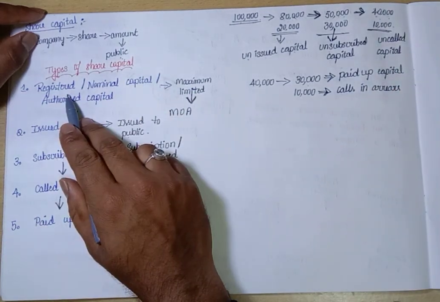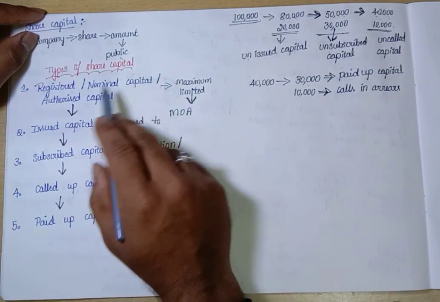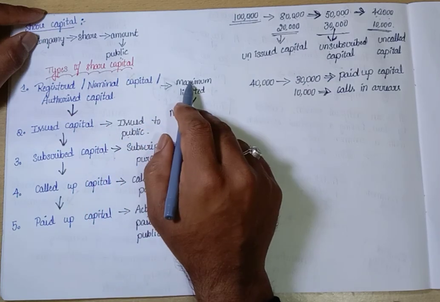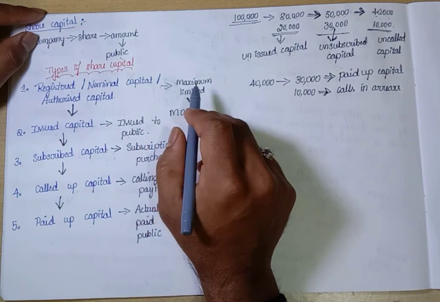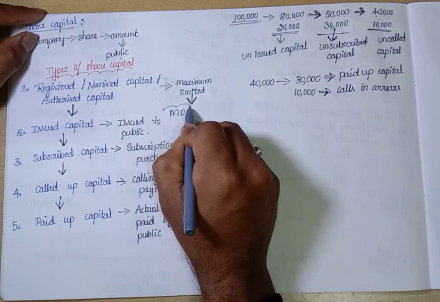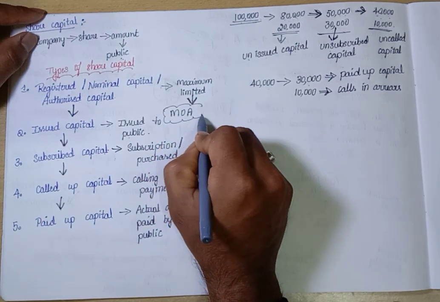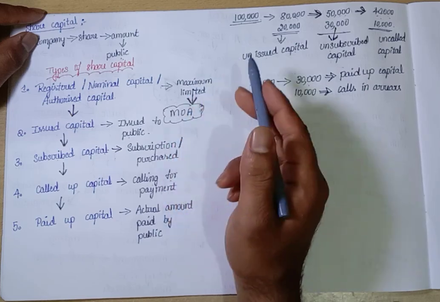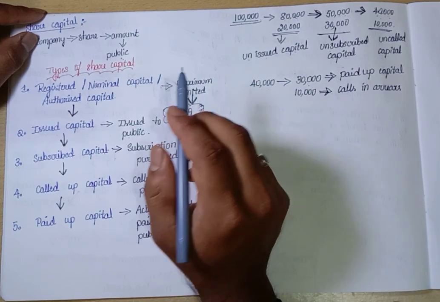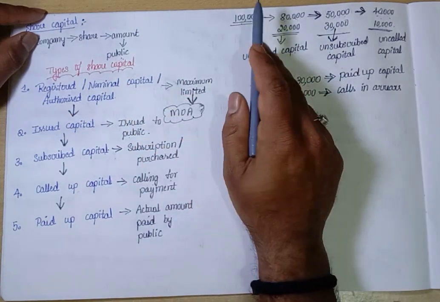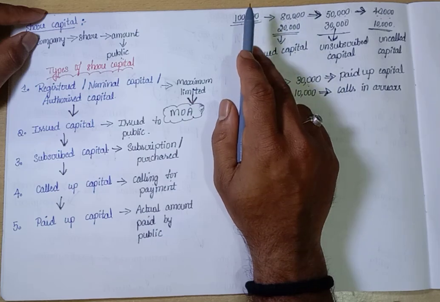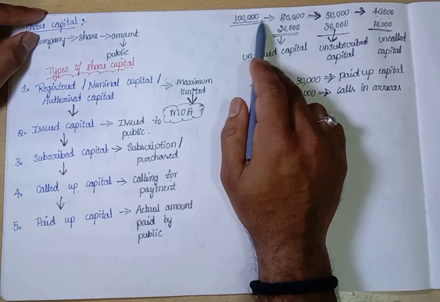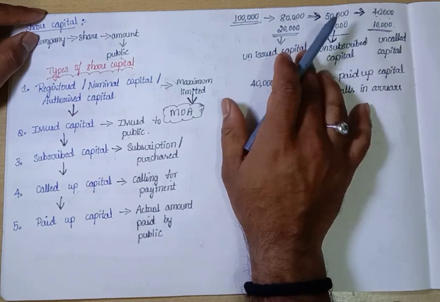So, registered or nominal capital or authorized capital is the maximum limit of capital amount mentioned in the MOA, Memorandum of Association, and it is the maximum limit permitted to the company to raise funds. Let me take 1 lakh rupees as an example. Out of this 1 lakh rupees, they are issuing only 80,000, which is presently required.